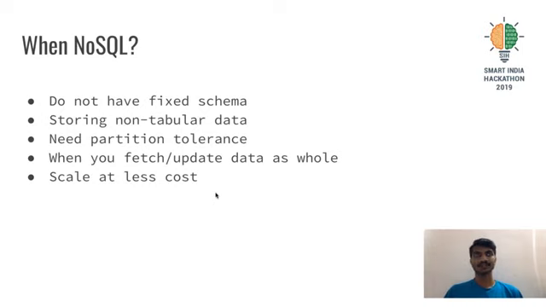Another thing I consider when going for NoSQL databases, even for simpler applications, is when I fetch, update, and put my data back to the database as a whole. For example, consider Facebook.